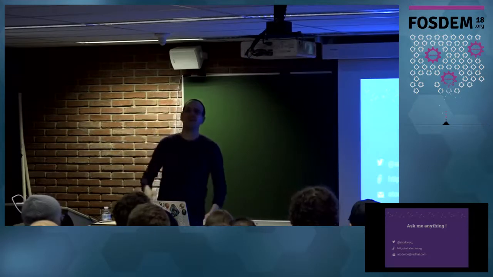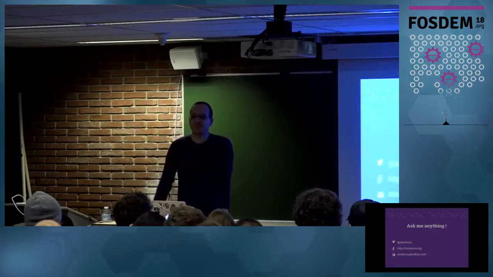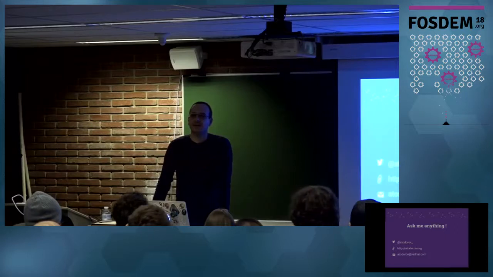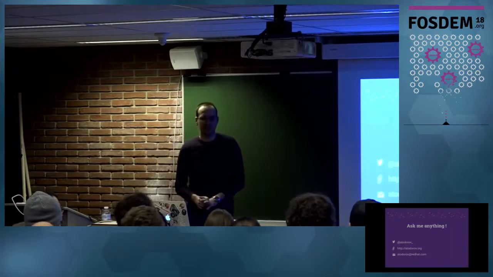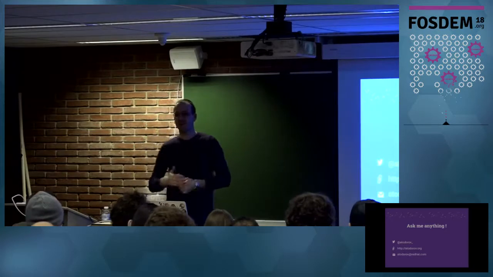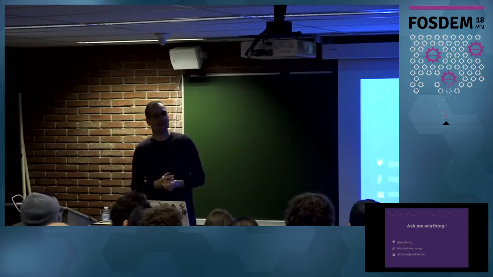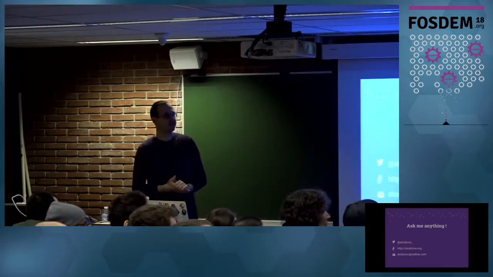Yep, go ahead. Do you have examples, maybe from other projects or even from the history, of bugs which could not be found with Pairwise, which are dependent on 3 parameters or 4 or more parameters at the same time? Yeah, okay, so the question is if I have examples from history about bugs which cannot be found by Pairwise with 3 or more parameters. I think he gave an example.